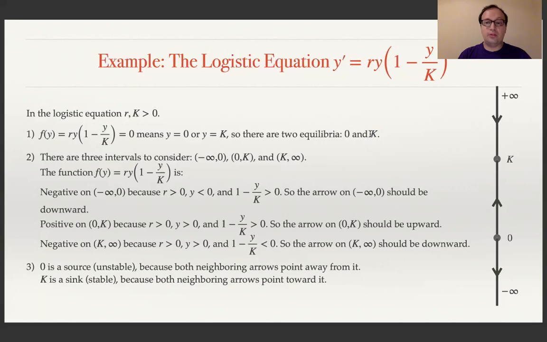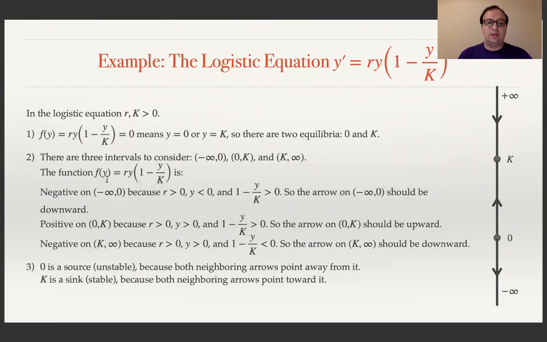So it will always be equal to k. Since there are 2 points, they split the real axis into 3 intervals: minus infinity 0, 0 k, and k infinity.